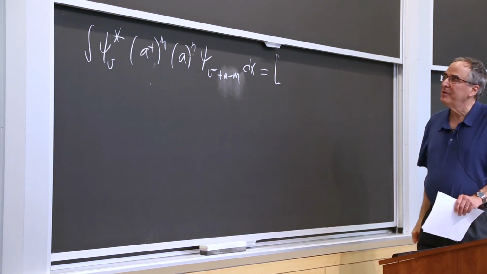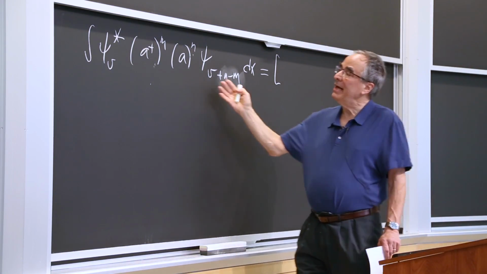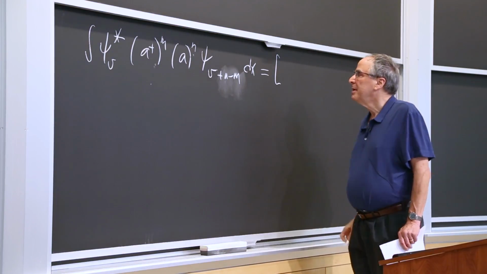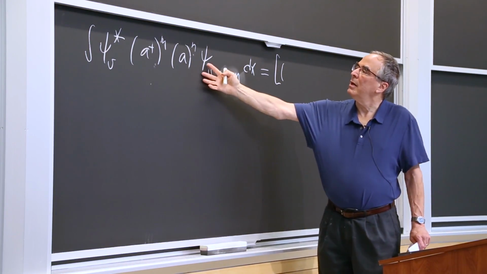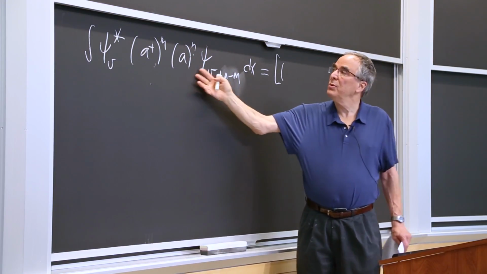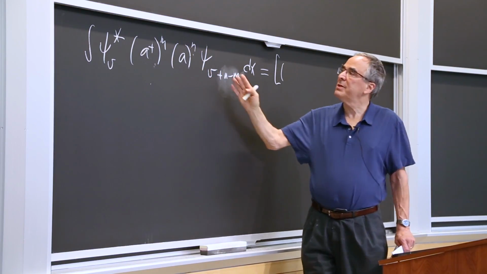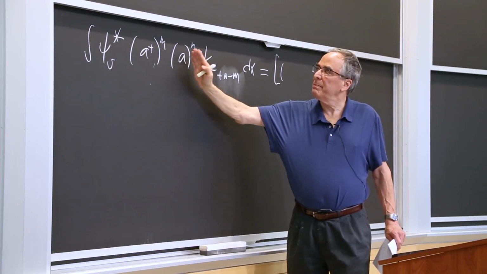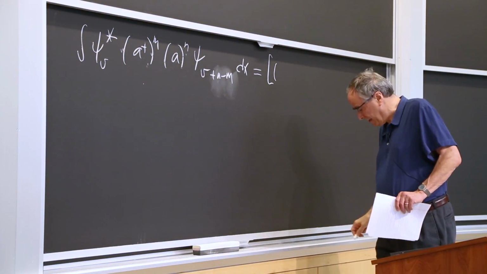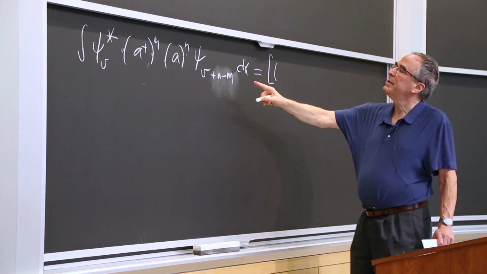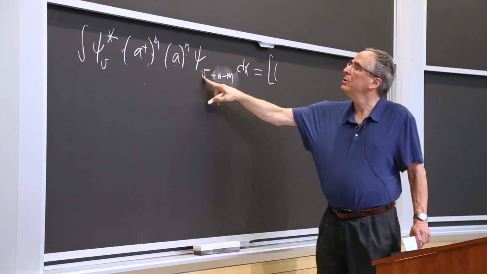And now we have the writing of the actual matrix element. And so the first term is going to be, what does A to the n do to that? So you start on the right, and you start building up this way. And so the first term is going to be, what does A do to this?